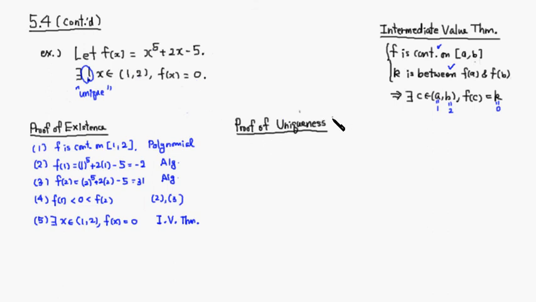This is actually a proof by contradiction. We know that there exists at least one. Let's assume that there are more than one.